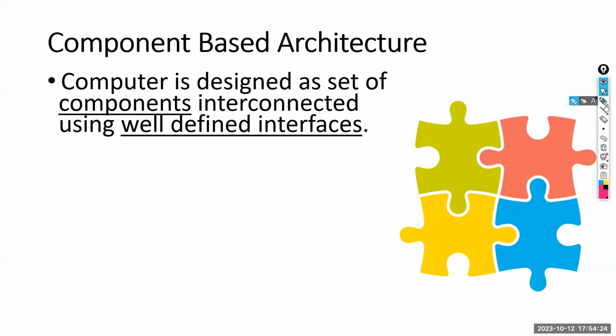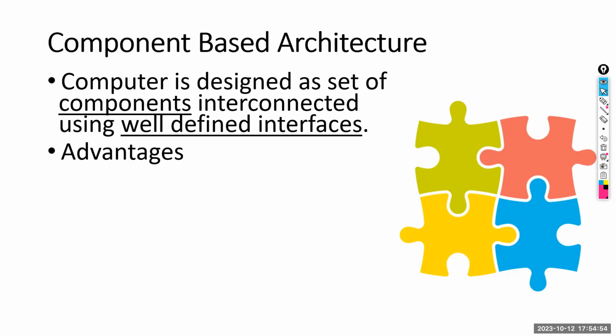Computer hardware is a set of components, and these components can integrate and communicate through well-defined interfaces. That is why you have the USB interface, HDMI interface, and so on. We will look at some more interfaces, internal interfaces, like SATA cables, the SATA interface, and so on.